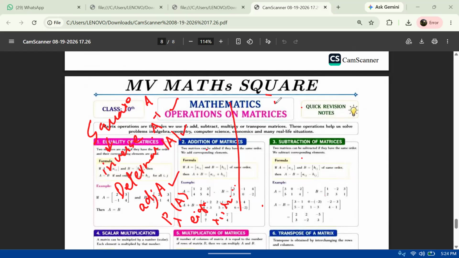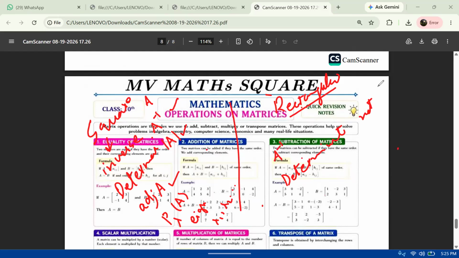But in a rectangular matrix, there are lots of limitations. It's difficult for us to find the A inverse. We cannot find the determinant. Determinant is not possible. In the same way, the adjoint is also not possible.